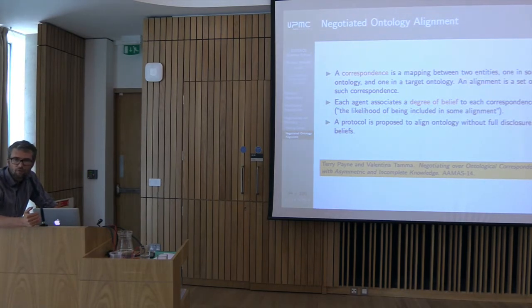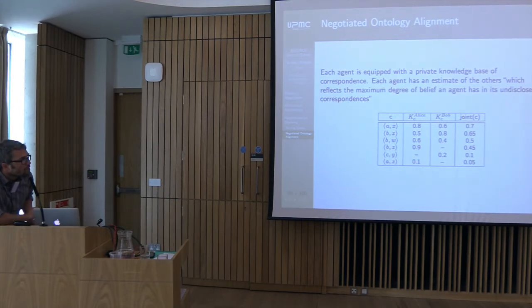So you can think of it as an agent having different sources and saying that, yeah, it's quite likely that this should be included because I saw that this is a very trustworthy source, so it's better than this other one. And then they propose a protocol to align ontologies. The key thing is that they want to avoid full disclosure of the beliefs.